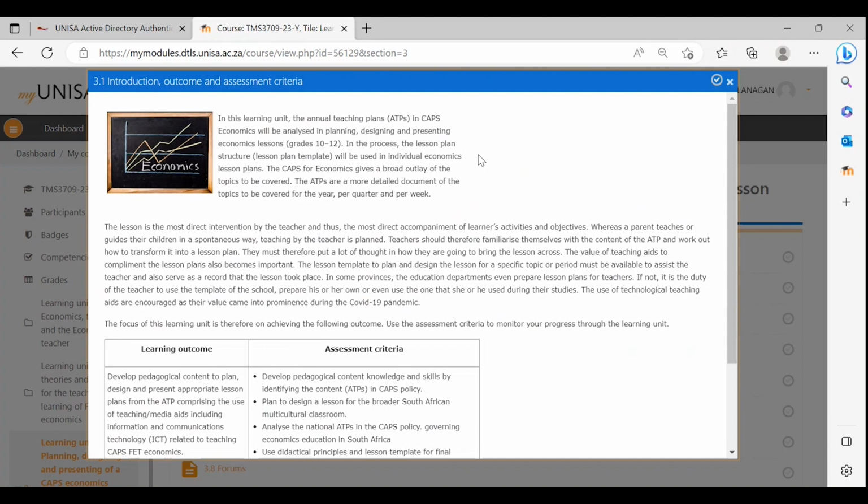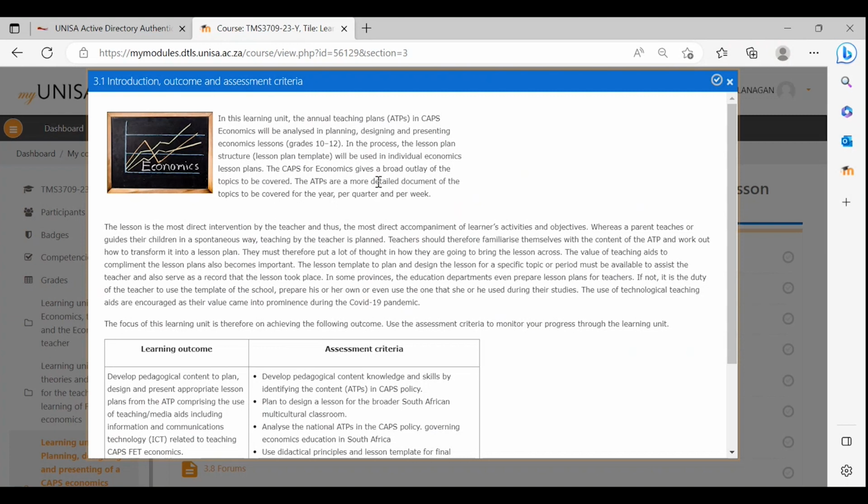In the process, the lesson plan template will be used in individual economics lesson plans. The CAPS for economics gives a broad outlay of the topics to be covered. The ATP, that is the annual teaching plan, is a more detailed document of the topics to be covered for the year, per quarter, and per week.